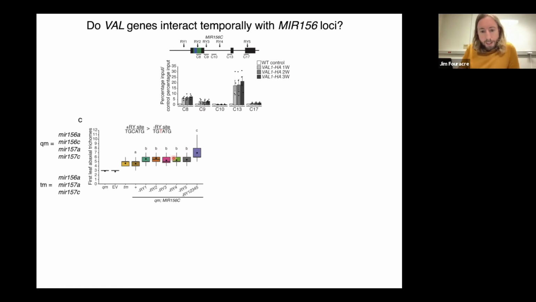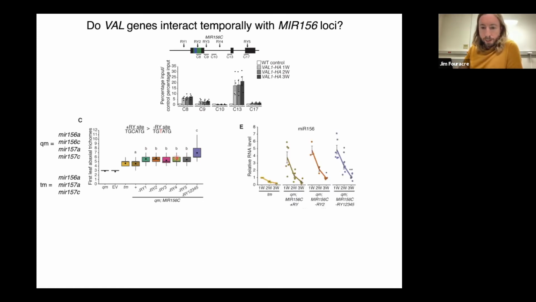Again, to investigate this temporal relationship between VAL genes and 156 levels, I quantified RNA levels in these different genetic backgrounds. So in the triple mutant, as you expect, you see this temporal decline in 156 levels because you still have this endogenous 156C.